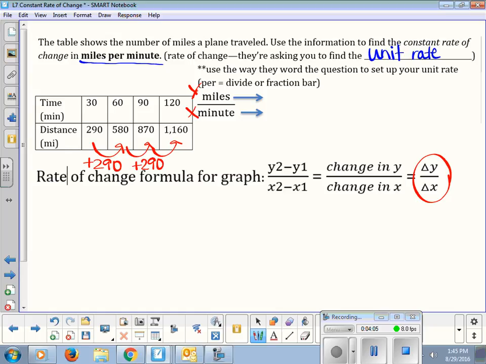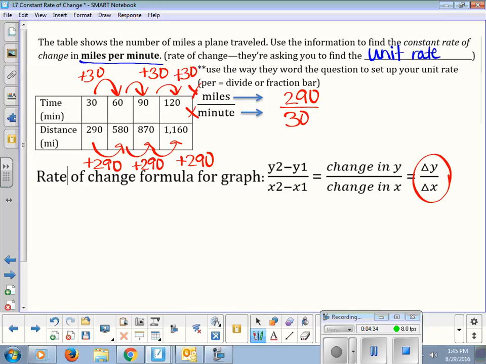And to get from 870 to 1160, we're adding 290. So each time our change in miles is 290. Our change in minutes, to go from 30 to 60, what are we doing? Adding 30. From 60 to 90, we are adding 30. And from 90 to 120, we're adding 30.